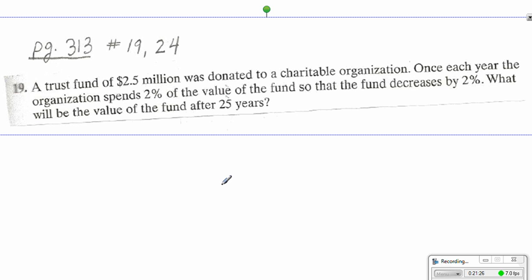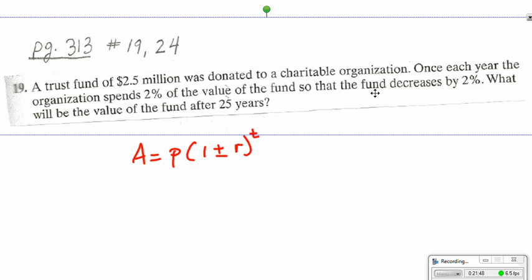So basically this is an exponential growth or exponential decay question. Here, the final amount is the principal times 1 plus or minus, depending upon if it's an increase or decrease, r to the t power.